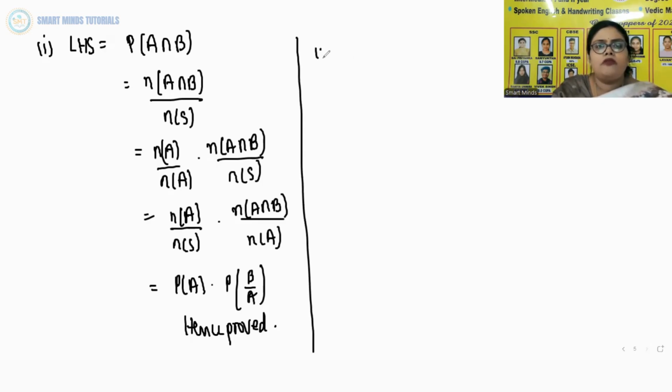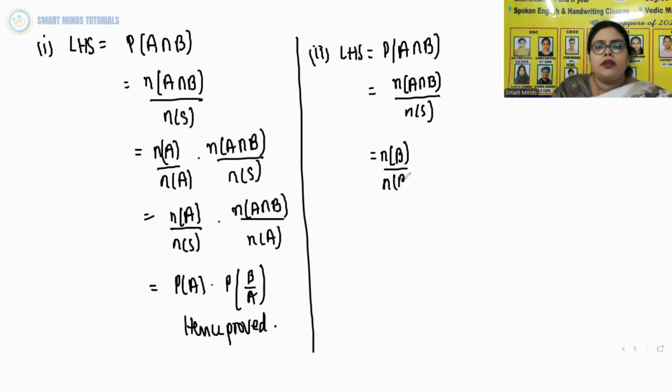Now the same way we will take the second bit. Second bit is LHS is P of A intersection B. Same way, P of A intersection B can be written as N of A intersection B by N of S. Now here we are multiplying and dividing by N of B. In the first bit we multiplied and divided by N of A. Here we are multiplying and dividing by N of B. Now we are rearranging the terms.